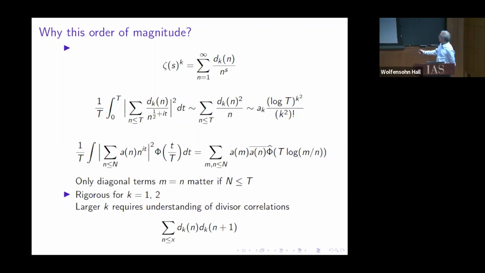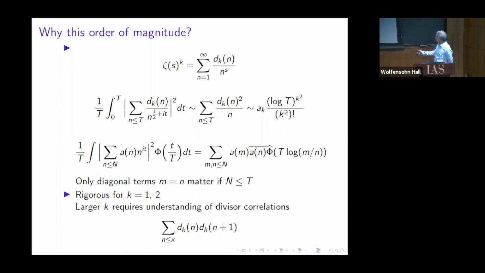And if you work that out, you get this same constant A_k times the right power of log t, to the k squared over k squared factorial. So in other words, this A_k log t to the k squared over k squared factorial would be what you should think of as the obvious guess for what the moments of the zeta function should look like. And the G_k are the deviations from this obvious guess.